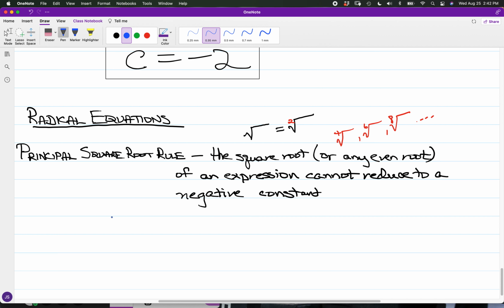But let me go ahead and say, just using a little bit of shorthand like PSR, the principal square root rule does not apply to odd roots.